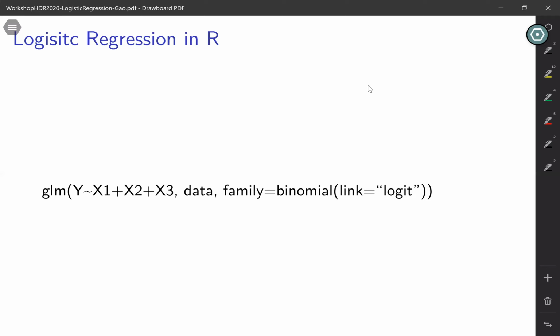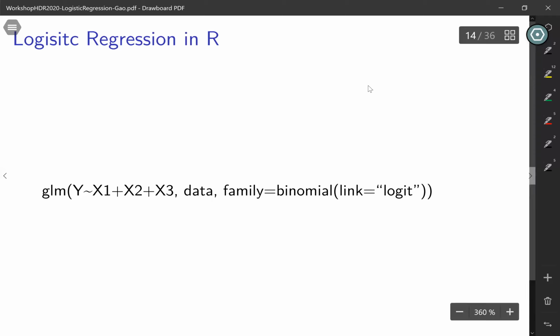So if you use a graph to observe, and you see that there is a nonlinear relationship between your predictors and your outcome variable, you may consider using a generalized linear regression model instead of an ordinary linear regression model, because the relationship is not linear at all, okay? So in R, you just use glm, and inside, there are a bunch of arguments.